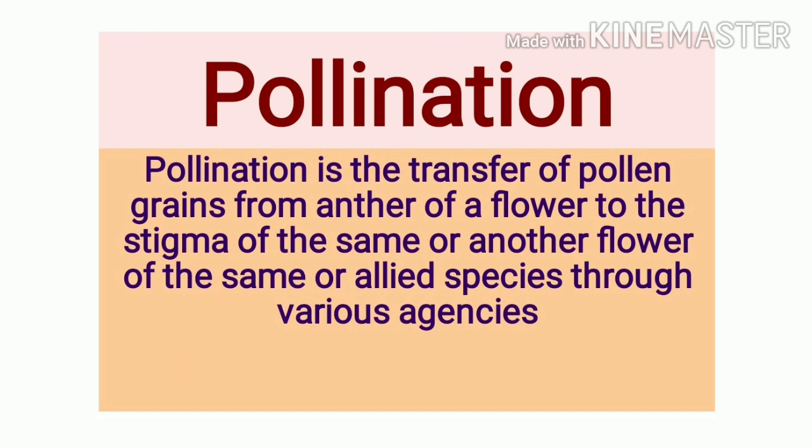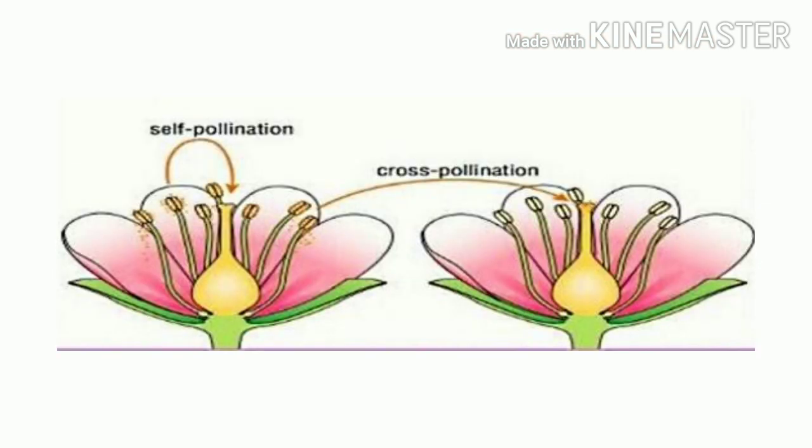As we know, the pollen grains are formed inside the anther in the microsporangia, and at the time of fertilization they dehisce out of the anther, and with various agencies such as insects, water, wind, etc., they fall on the stigma of either the same flower or of another flower, either of the same species or a different species.